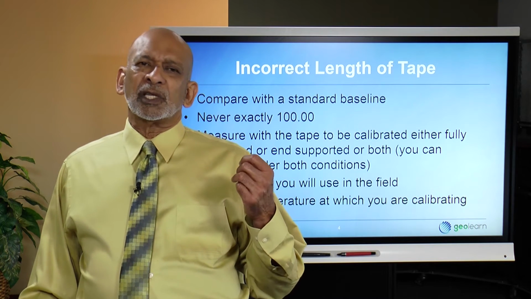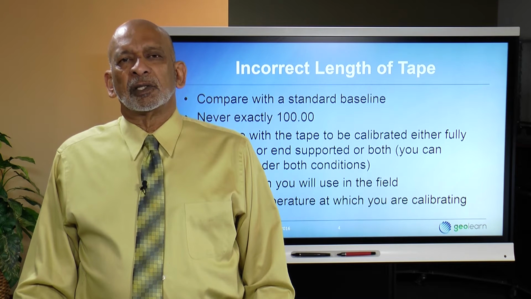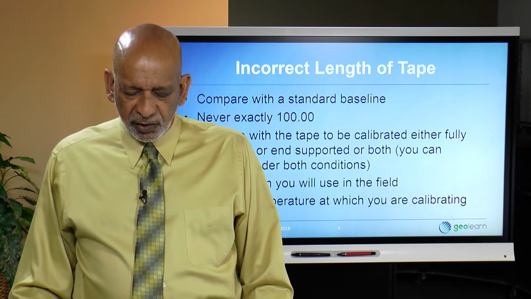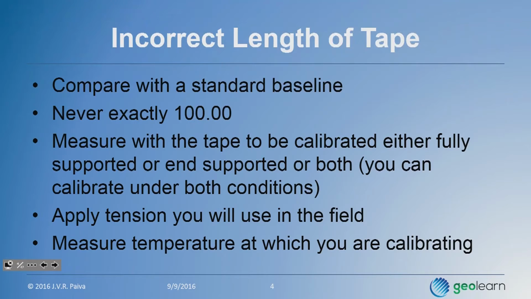Typically, you try to use a tension on the tape that's likely to be the tension that you would use in the field so that you don't have to worry about any variations due to that. And of course, you would always measure the air temperature at which you are calibrating the steel tape.